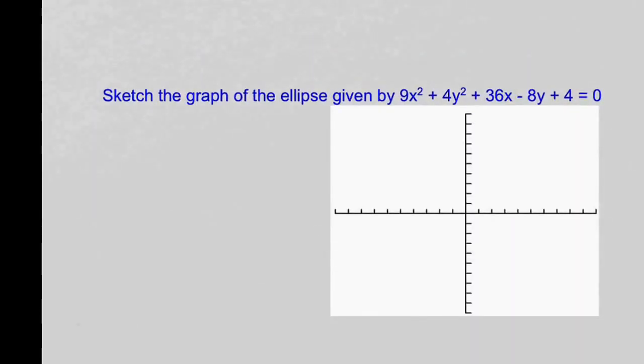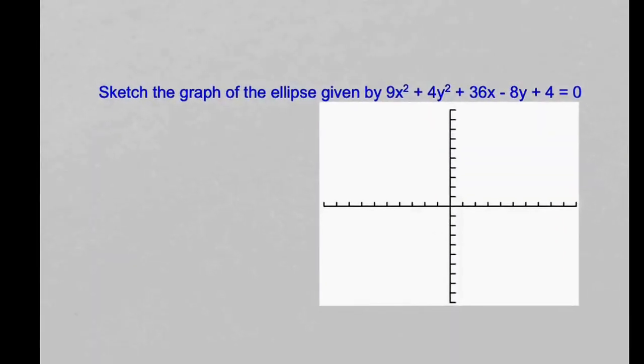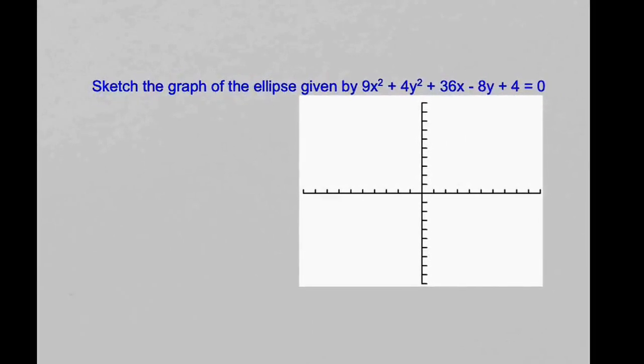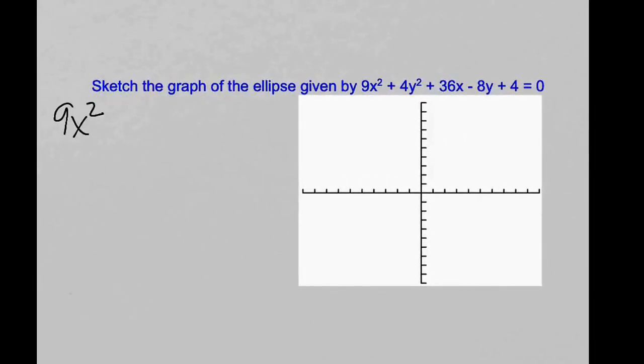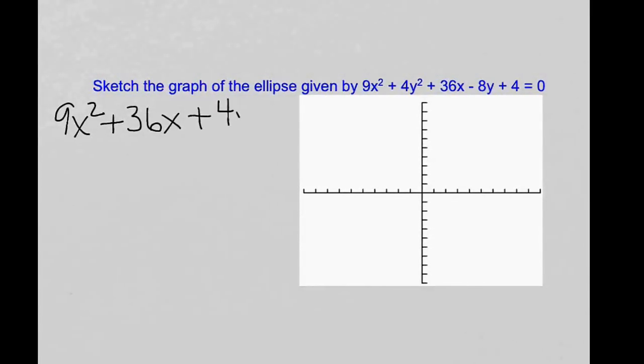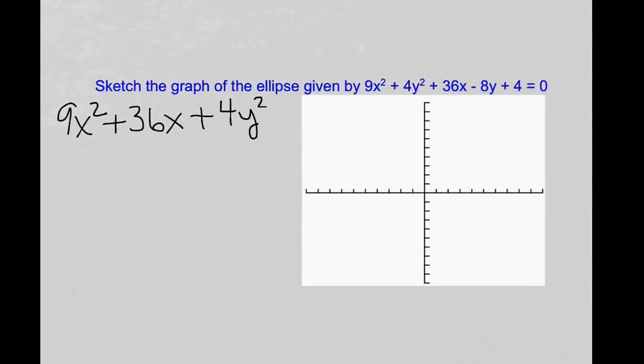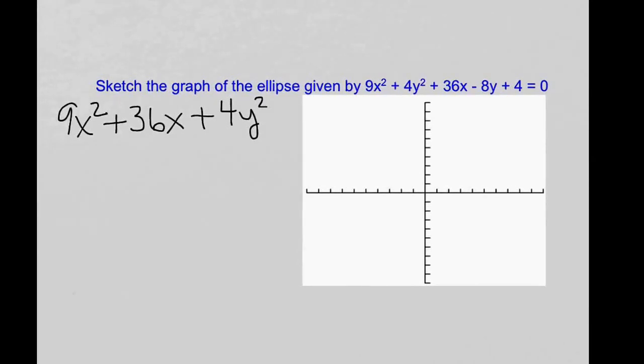Next, we're going to sketch a graph of an ellipse using the equation 9x squared plus 36x plus 4y squared minus 8y equals -4. What I did was I grouped the x's together, grouped the y's together, and moved the constant to the right-hand side.